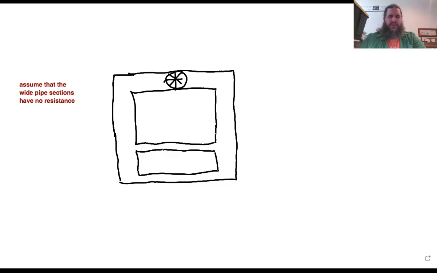Let's call this R1. Let's say that's 4 Pascal seconds per cubic meter. And let's say the other one, R2, is 6 Pascal seconds per cubic meter. So let's say those resistances are known.